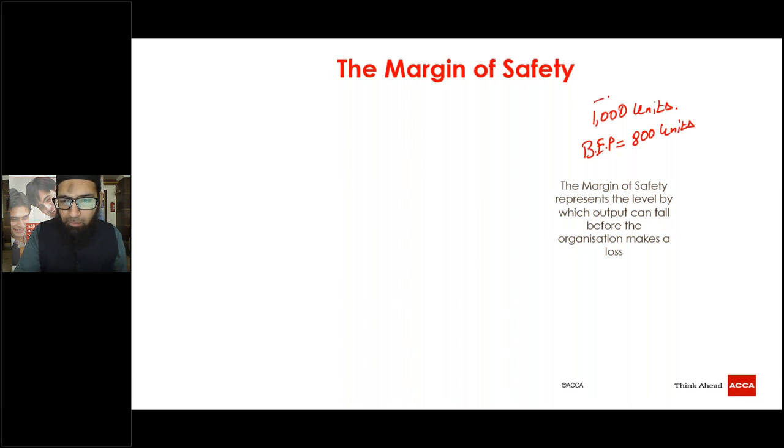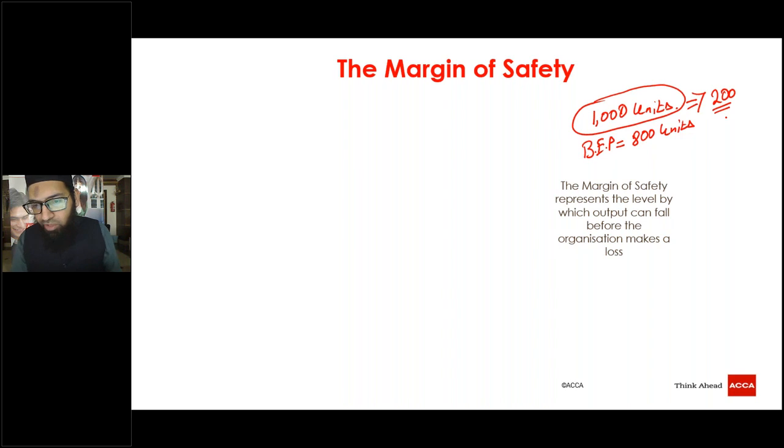That means my budget can fall by 200 units before making a loss. If my units fall by 199 units, then I will be selling 801 units and there will be a very minimal profit. A minimal one, but a profit.